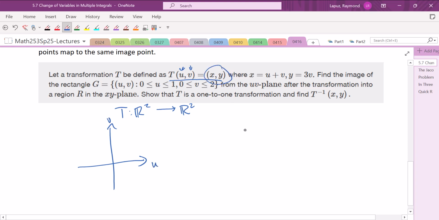And our output in R2 is going to be your X and Y. Then this transformation tells us that X is going to be U plus V and Y is going to be 3V. Find the image of a rectangular region in UV space where U goes from 0 to 1 and V goes from 0 to 2.